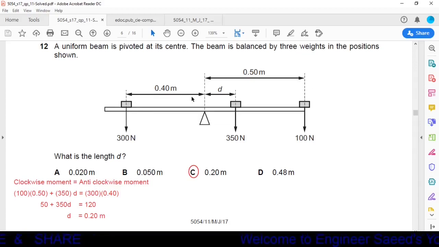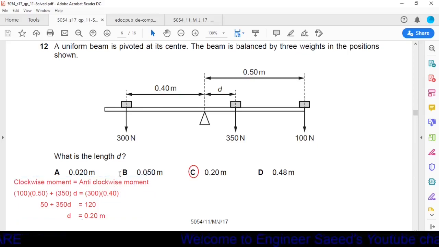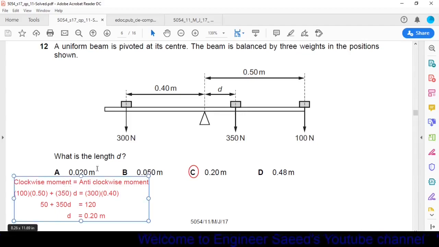Okay, now here, because of this force of 300 Newton, there is an anti-clockwise moment. So the moment will be equal to 300 multiplied by 0.4. Now for the clockwise moment, because of this force, the moment will be equal to 350 multiplied by this distance, that is d, so 350 multiplied by d.